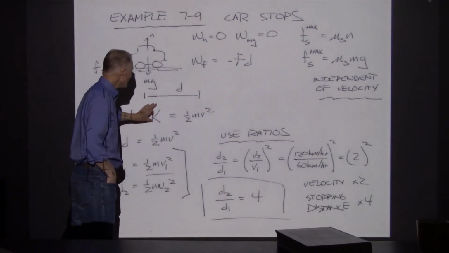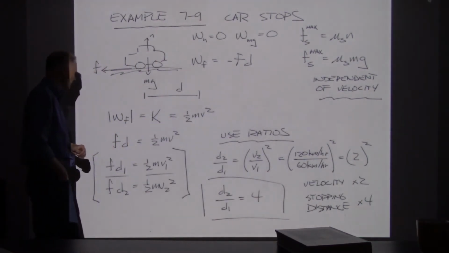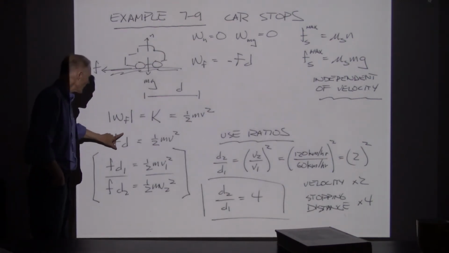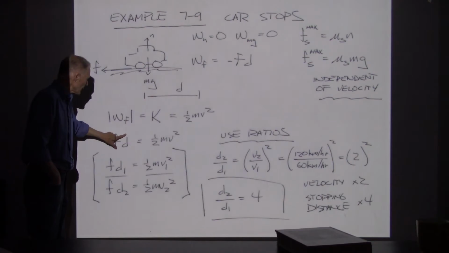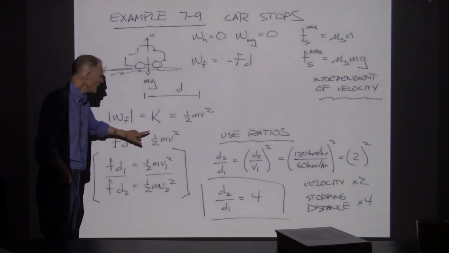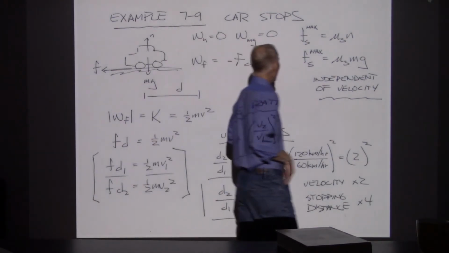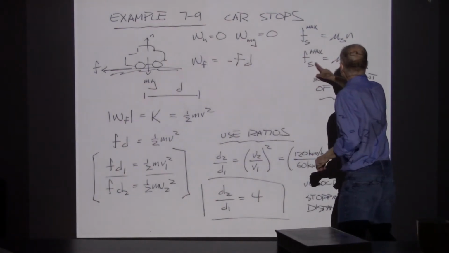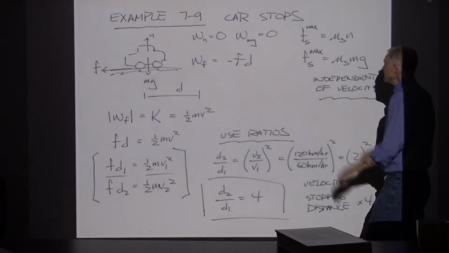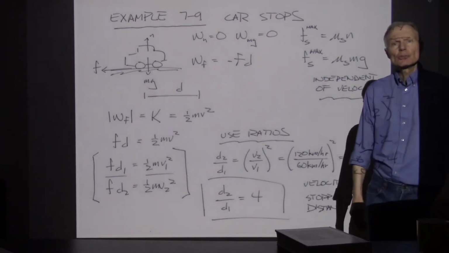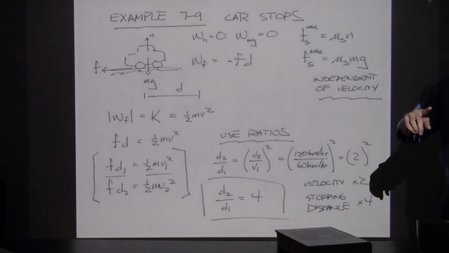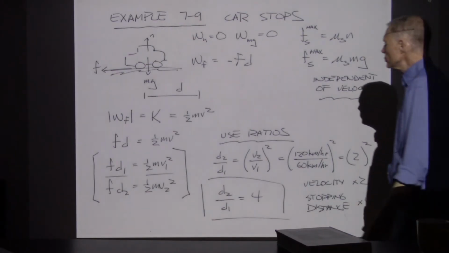That's going to equal the kinetic energy, 1/2 mv squared. So F times D, the frictional force times the distance, is going to equal 1/2 mv squared. And the frictional force is going to be the same in both cases. So for case 1, I'm going to have the same frictional force as for case 2.